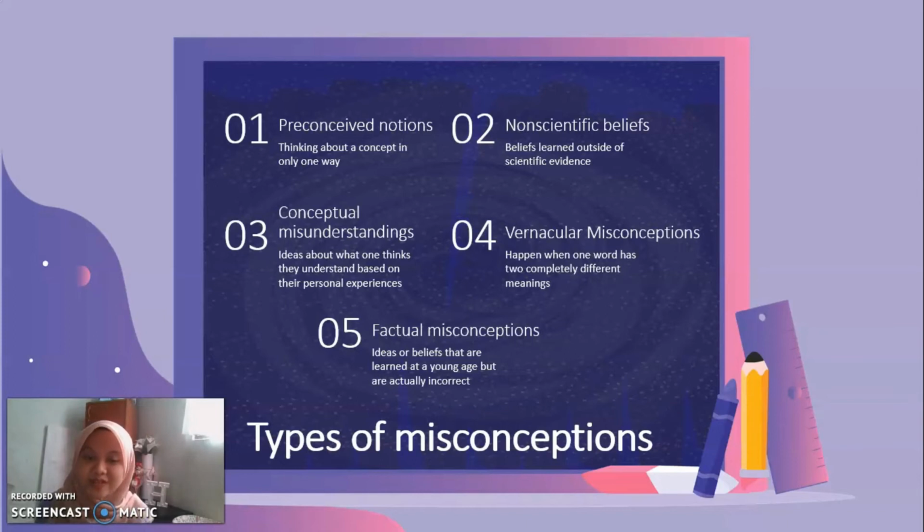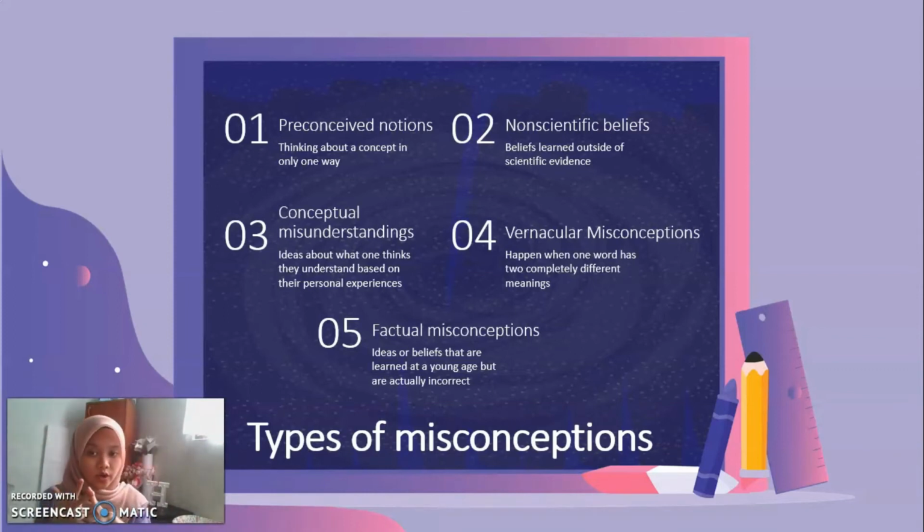We have learned these types of misconception before, so let's have a flashback. The first one is preconceived notion, which is thinking about a concept in only one way. The second is non-scientific belief, a belief learned outside scientific evidence.